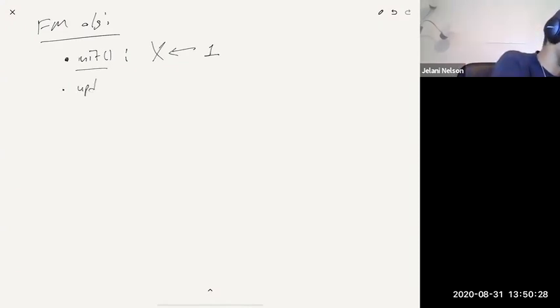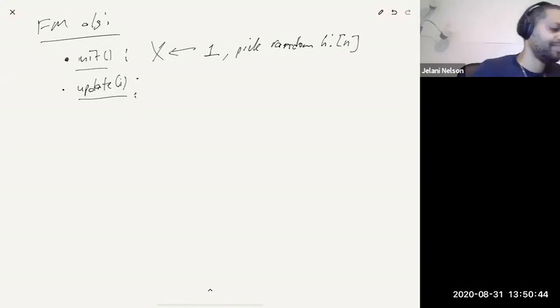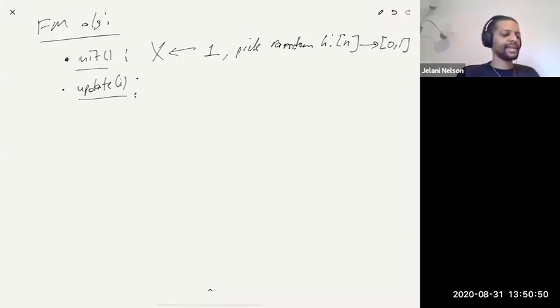And then when there's an update, I see an integer in the stream, and I'll pick a random hash function h, which maps the integers from 1 to n into the continuous interval from 0 to 1.